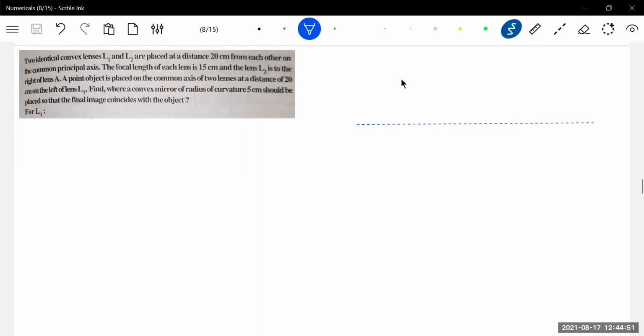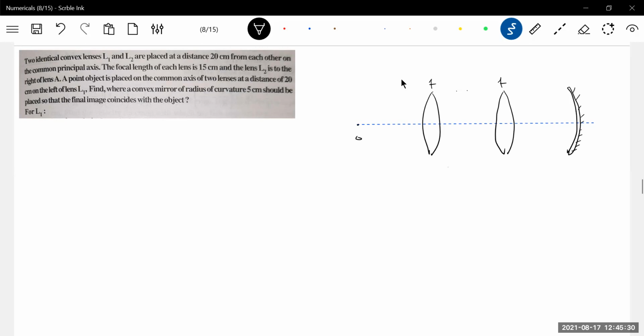There are two lenses, two identical convex lenses. Okay, it's telling both are identical. Find where a convex mirror of radius of 5 should be placed so that final image coincides with the object itself. 20 centimeter is this distance I know.